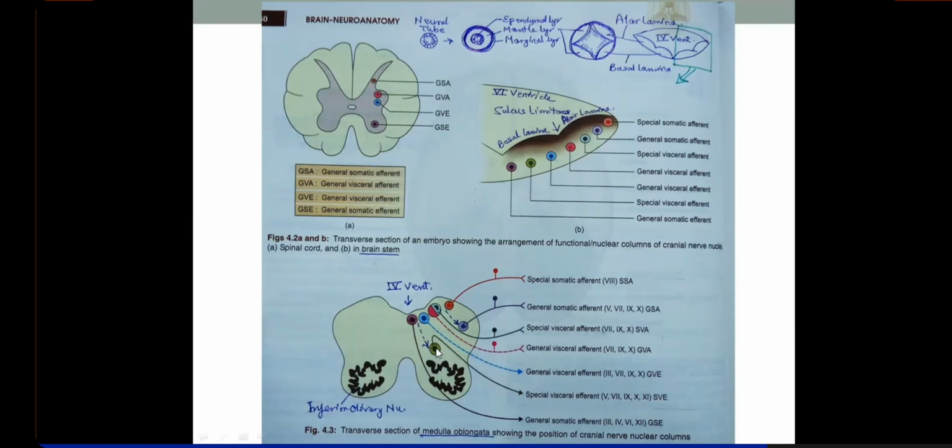Then another nucleus which was laterally is general somatic afferent. General somatic afferent, you can see this also is dipping down. And by the way, whenever these neurons move, during the course of development they have this property of amoeboid movement, right?